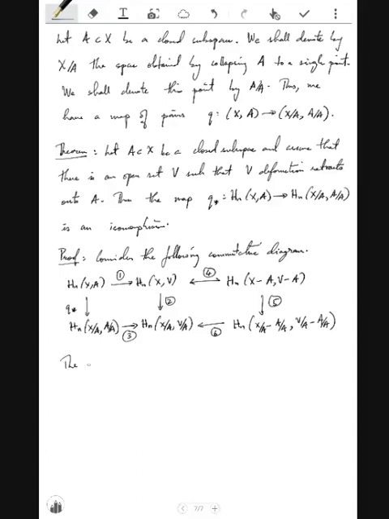So the arrows 1 and 3 are isomorphisms due to the previous proposition.